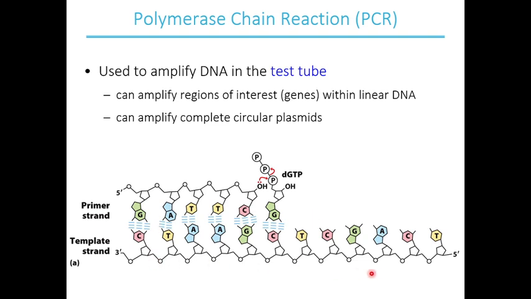So it uses a template and a primer strand, and polymerizes a new strand based on the template by using deoxyribonucleotides. This is the principle of the polymerase chain reaction catalyzed by DNA polymerases.